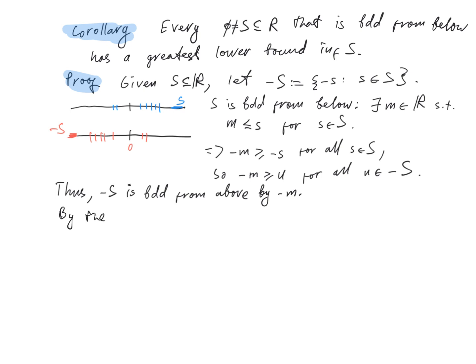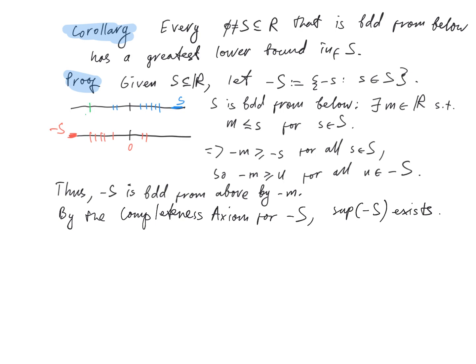By the completeness axiom, for the set minus S, we have that the supremum of the set minus S exists. Let's look at the picture again.